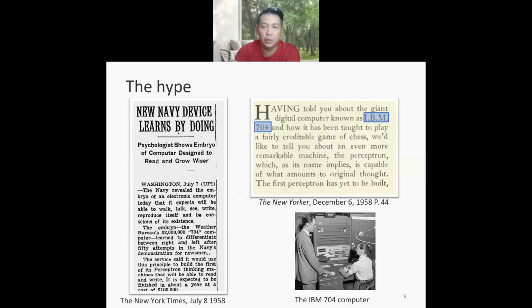They had a news story: they used this IBM 704 and trained it to play chess. And now I think the chess champion is the machine that they have trained.